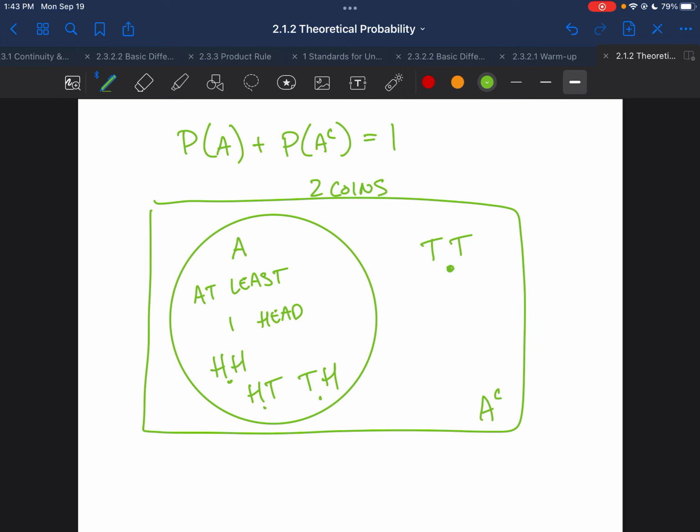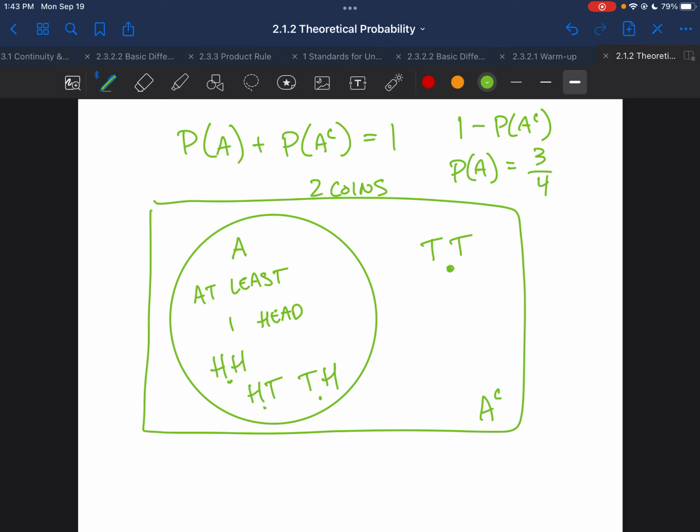So now, for 2 coins, this is simple. If I want to find the probability of A, it's just 3 out of 4. And that was easy enough to list. But I also could have said, well, let's do 1 minus the probability that I flip 2 coins and get no heads.